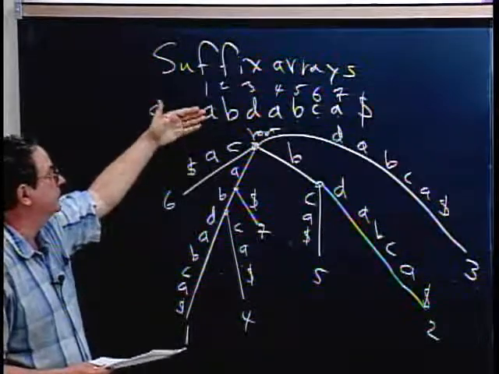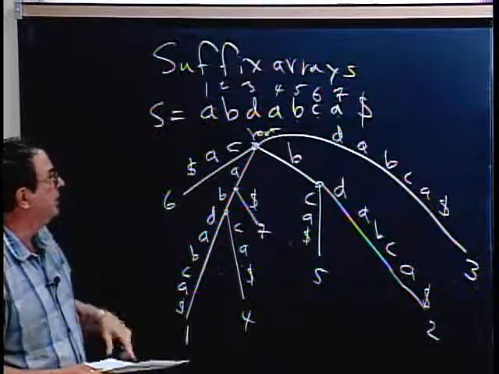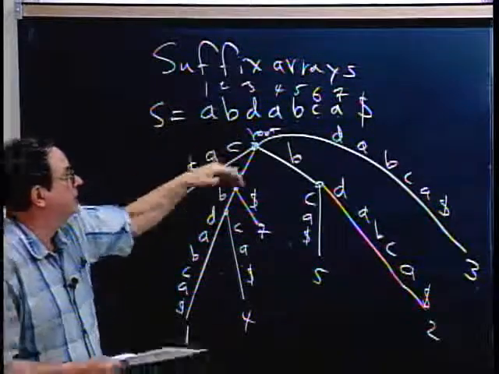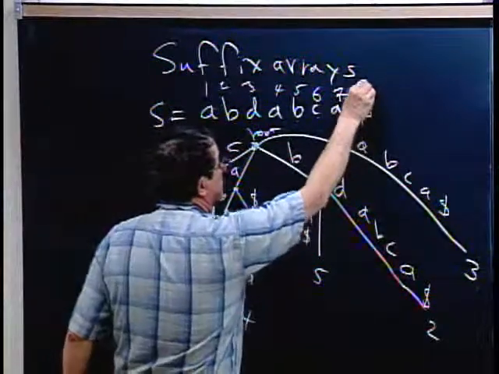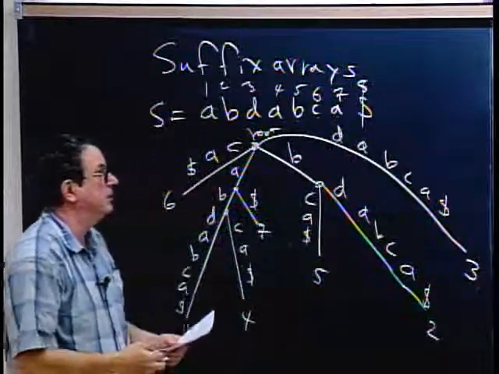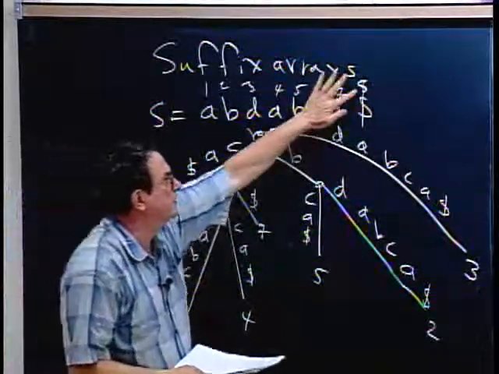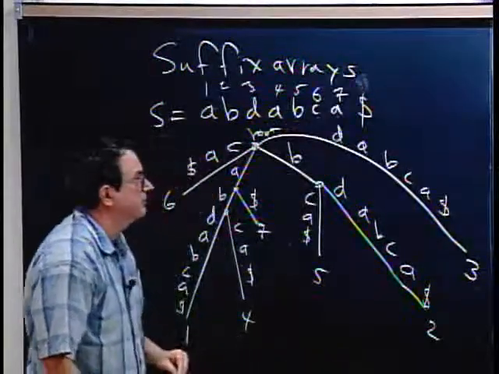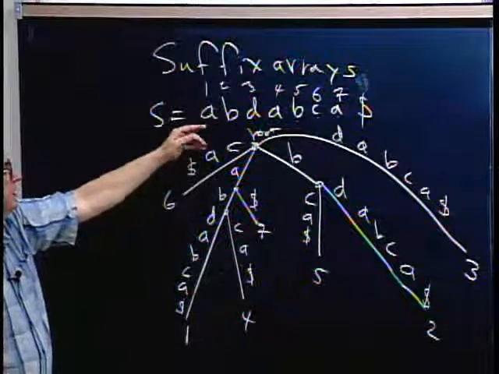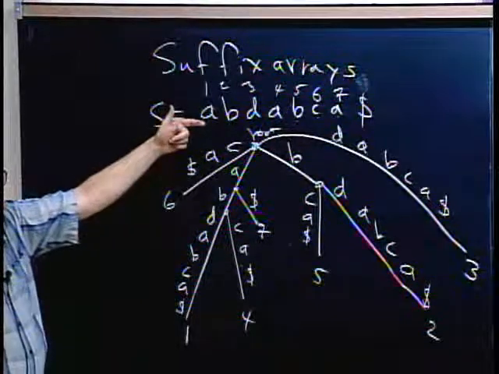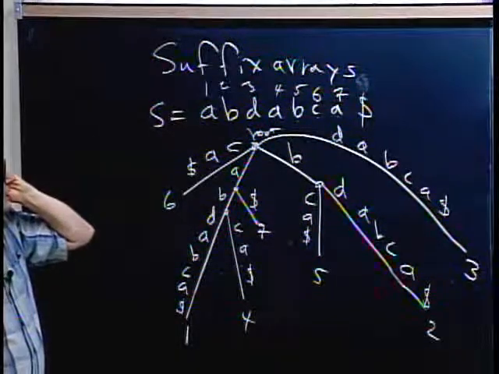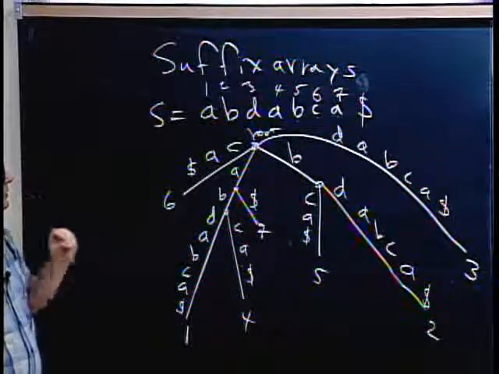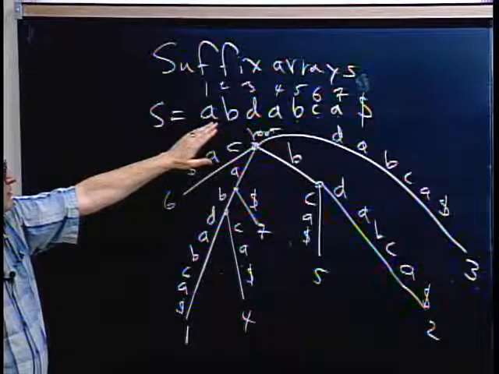But what is a suffix array? A suffix array is a list of positions from 1, in this case, well, I might as well put 8 in here, although sometimes we neglect a position for the end of string character. I am going to neglect it. But it is a list of integers, positions, which tell you the lexicographic order of the suffixes.